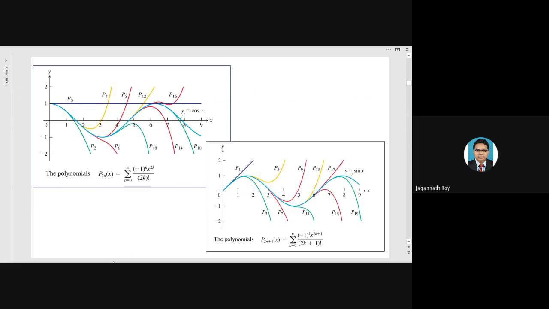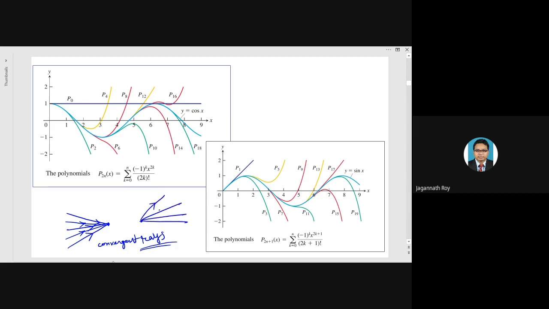Geometrically, convergence means, I think you have studied convergent rays in physics, right? Yes, sir. That means all the rays are converging to one point, meeting at one point. How about divergent?